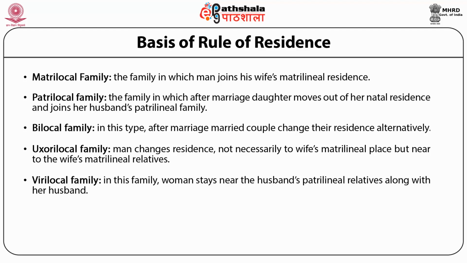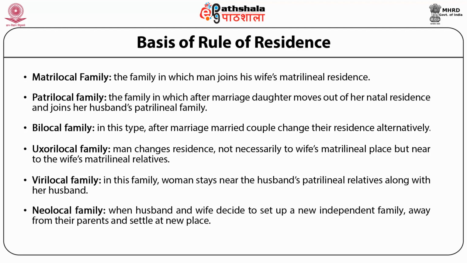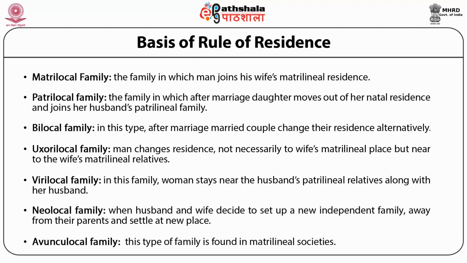When it comes to neolocal family, the husband and wife decide to set up a new independent family away from their parents and settle at a new place. Example, nuclear families in Chennai, Delhi, etc. Avunculocal family, in this type, the sister's son is required to bring his wife and join his mother's brother's family to look after property.